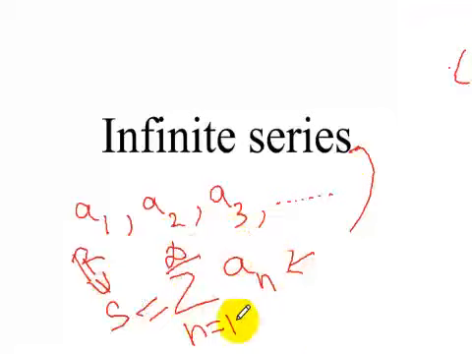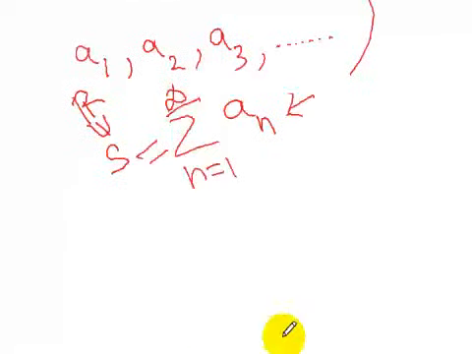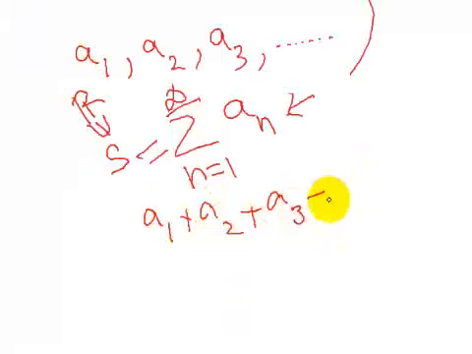Now we can define a partial sum. This is the infinite series, a1 plus a sub 2 plus this goes on forever. Now I consider the partial sum. First I consider this bit, and I denote that one as S sub 1.